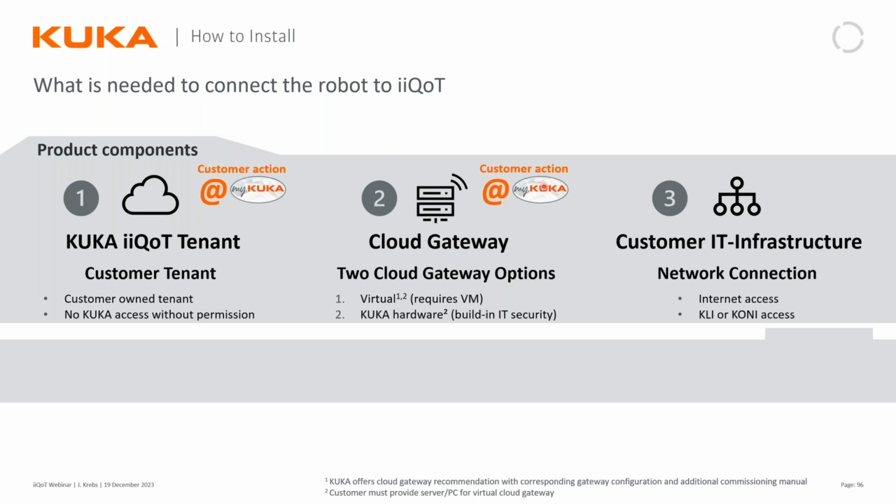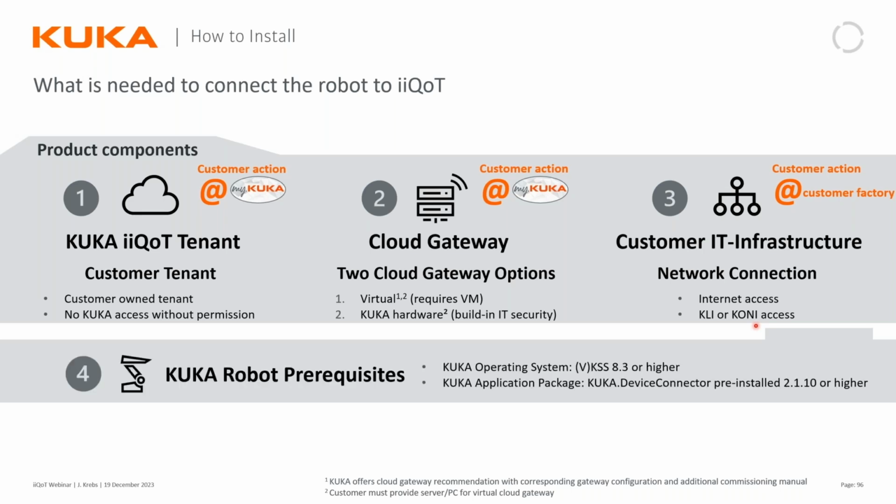What is also required is the IoT infrastructure in order to get the connection from the robots to the gateway. We need internet access, of course, and we need to connect these robots on the KUKA line interface or KUKA optional network interface. And that's, of course, a customer action on the customer factory side. We do require that in order to give you the possibility to use iQoT.